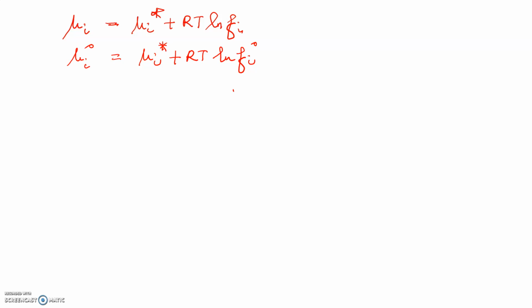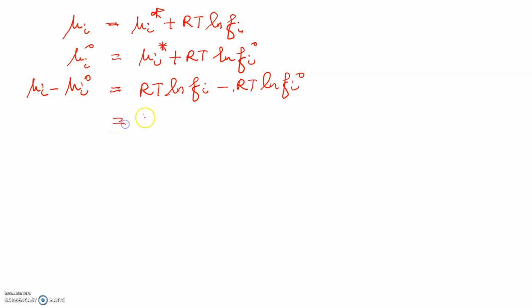Now, if we subtract the chemical potential of the component in standard state from that in the solution, we get mu I minus mu I0 is equal to mu I star, and mu I star gets cancelled out. What is left is RT ln Fi minus RT ln Fi0, and this can be written as RT ln Fi by Fi0.